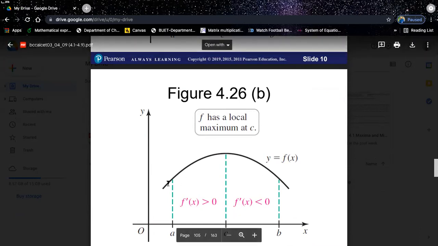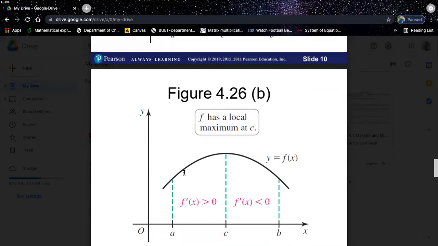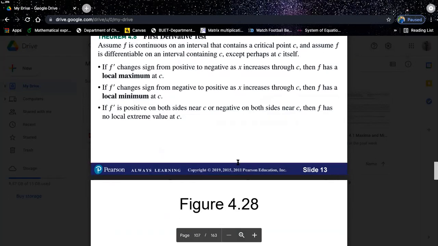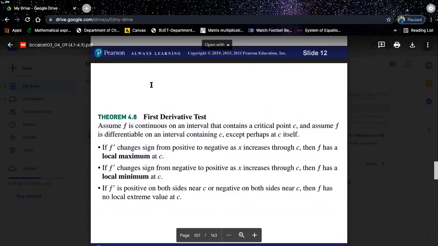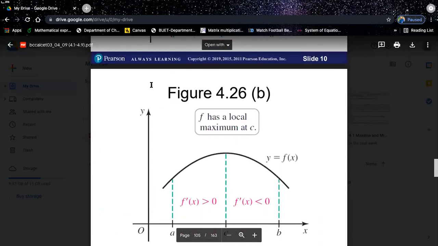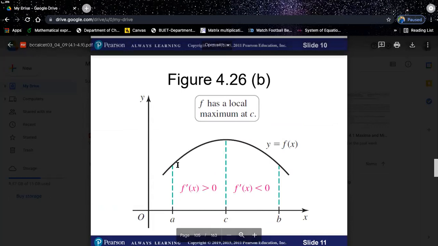So if your first derivative changes sign from positive to negative through C, the statement says we have a local maximum, right? It says that f has a local maximum at C. And you can eyeball it from the graph, right? If it changes from positive to negative at C, you can see there is a local maximum.